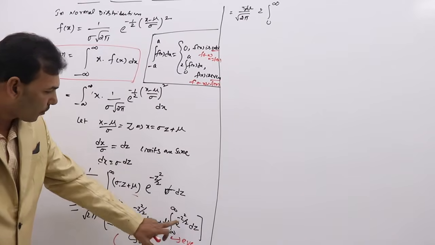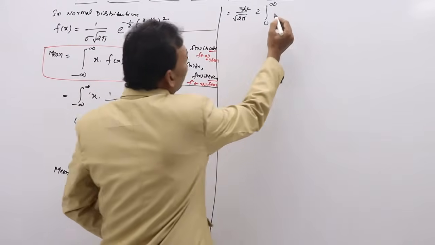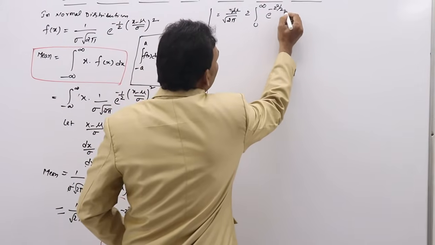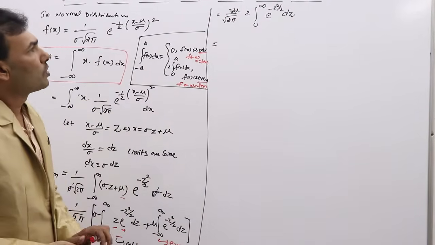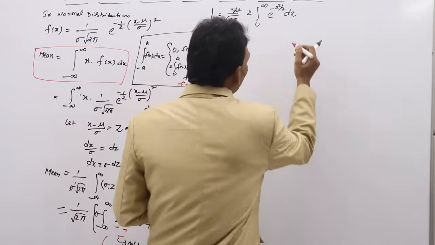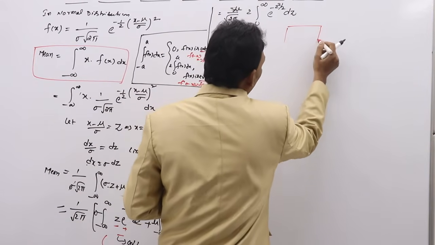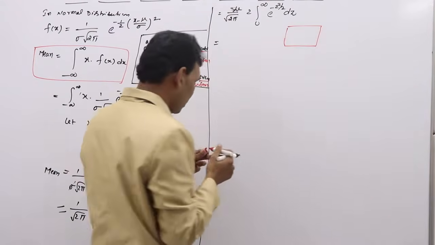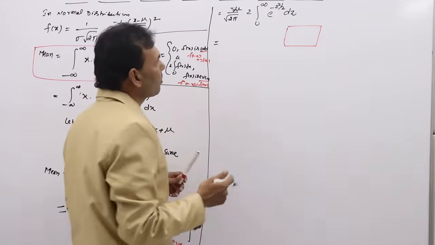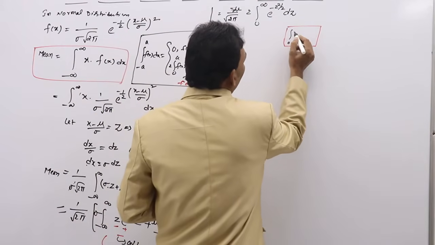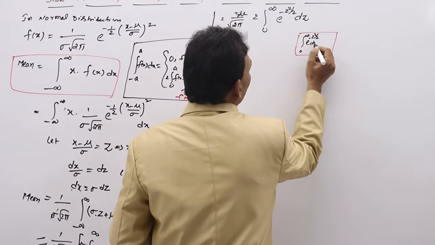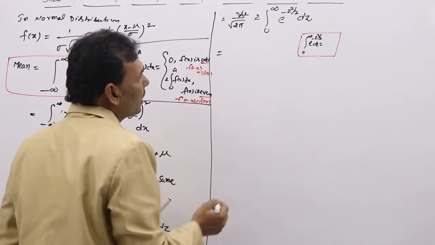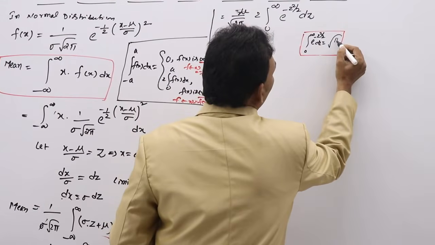So what is the left over term next? e power minus z square by 2 dz. We all know, from complex analysis using the beta gamma function technique, but that is not our topic now, you can simply remember this formula: integral 0 to infinity e power minus z square by 2 dz is equal to root pi by 2.